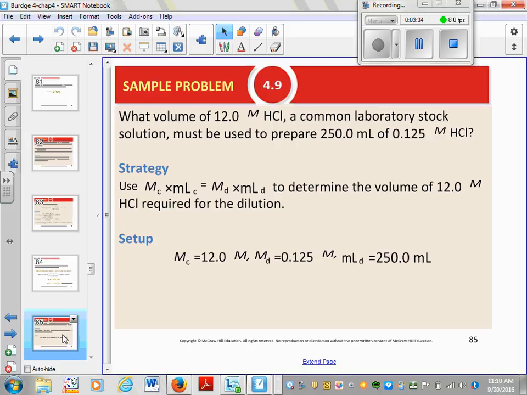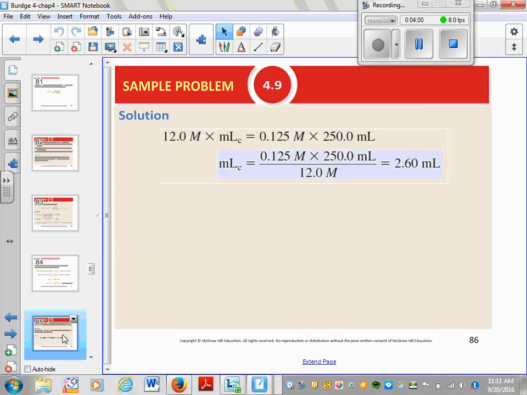So the volume of our stock would be 0.125 times 250 milliliters over 12. And if you do all the plug and chug, you get 2.60 milliliters.